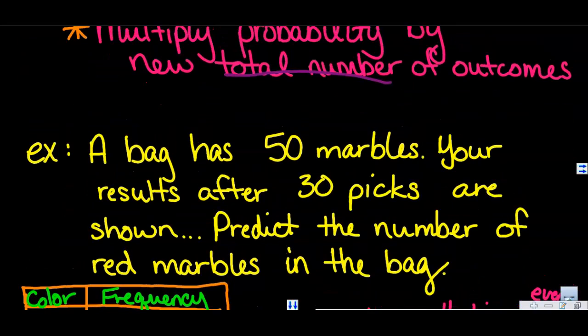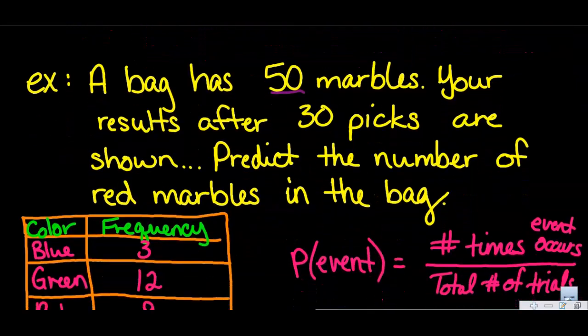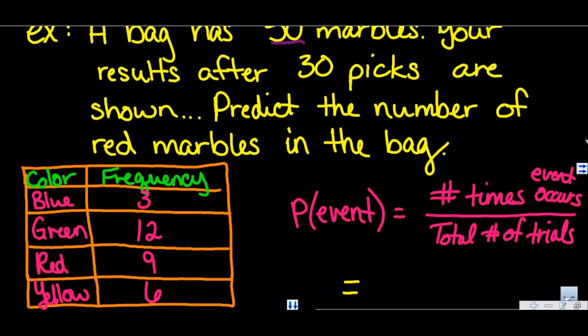If I know that a bag has 50 marbles, and I pick a marble 30 times and put it back after every time, and we get this as a set of data: blue 3 times, green 12 times, a red marble 9 times, and a yellow marble 6 times. We can now predict the number of red marbles that might possibly be in that bag.